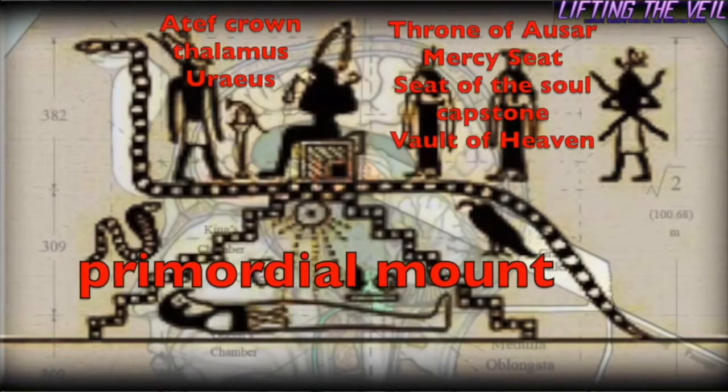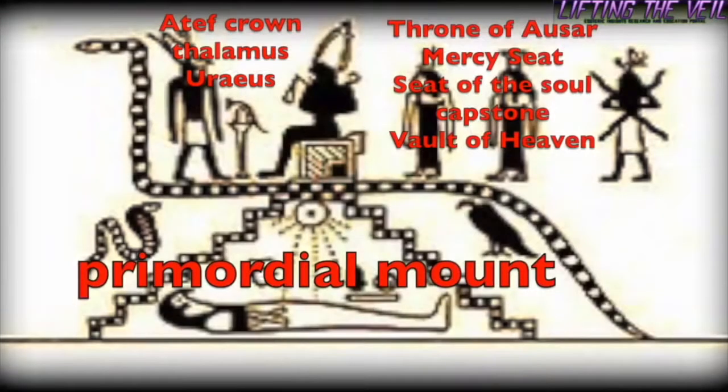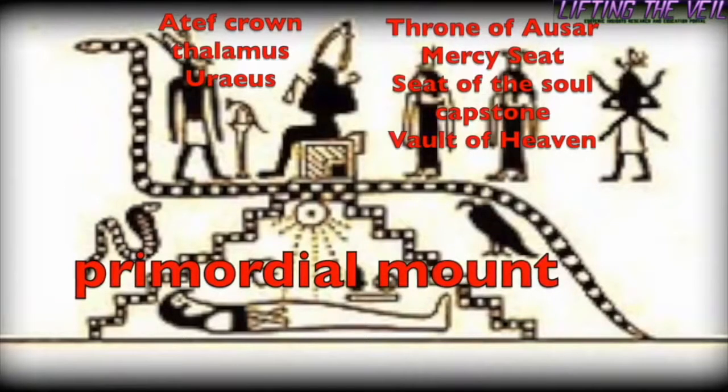He sits upon the mercy seat with the Atef crown above, which is the thalamus, the omphalos, the cosmic axis, the world pillar, which penetrates into the skull.